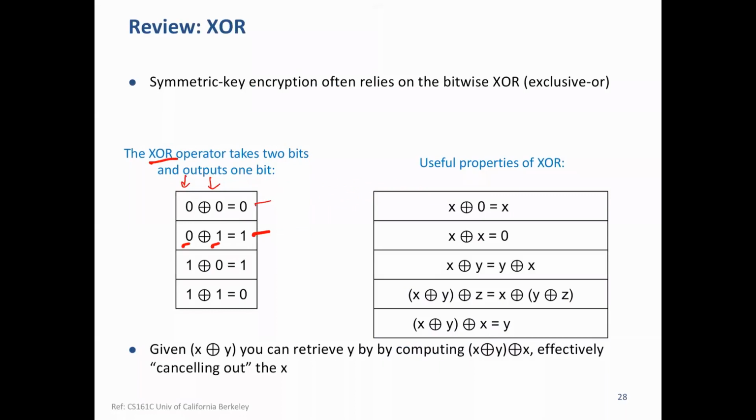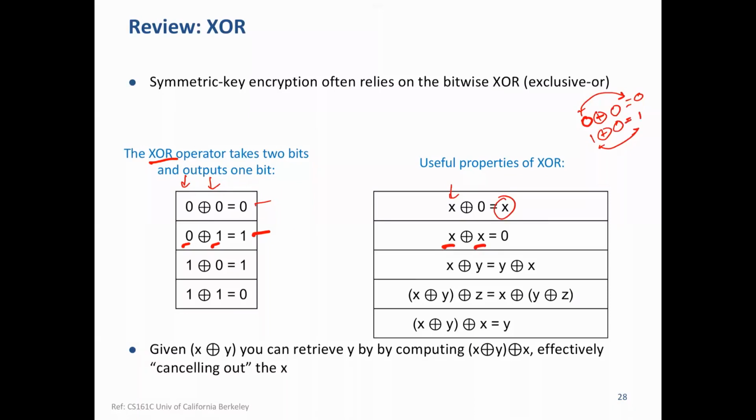For any x, which could be 0 or 1, x XOR 0 gives the same thing, right? If 0 is XORed with 0, it gives 0, which is the same as x. If 1 is XORed with 0, it gives 1, which is the same. Similarly, x XOR x is 0.